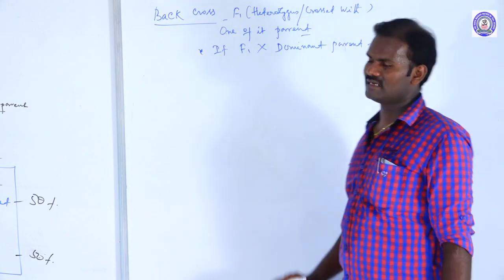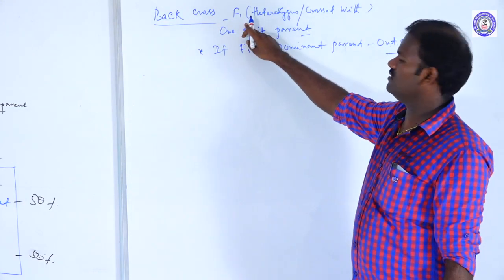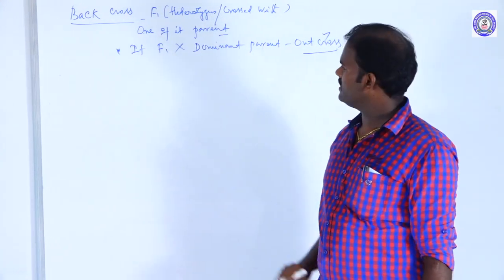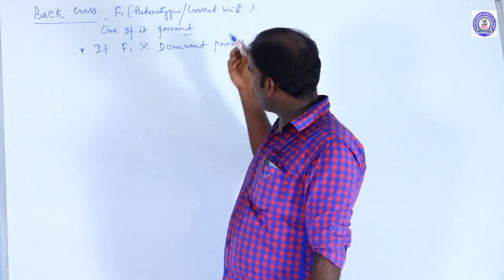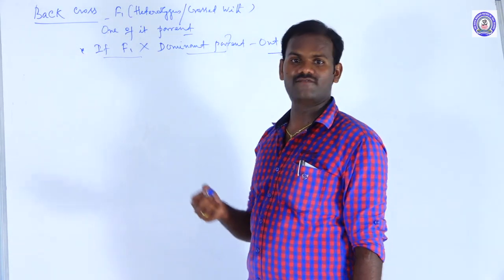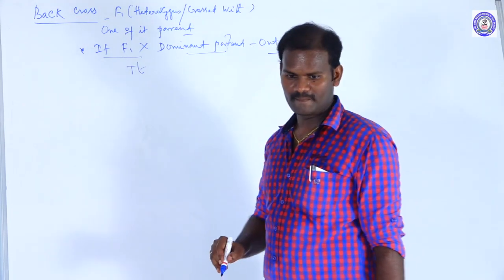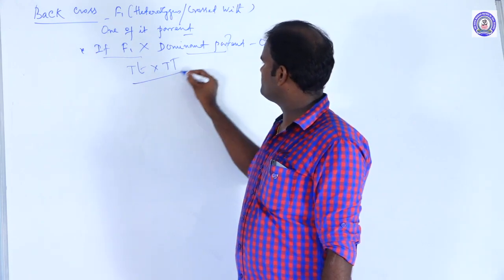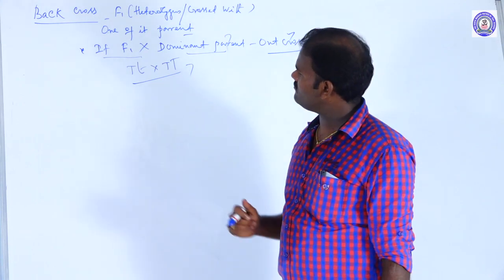See what's called a backcross. What is the purpose of backcross? In a backcross, F1 is crossed with one of its parents, which may be dominant or recessive. Take for example Mendel's monohybrid cross: F1 is capital T small t, crossed with the dominant capital T capital T. What is the purpose of backcross?